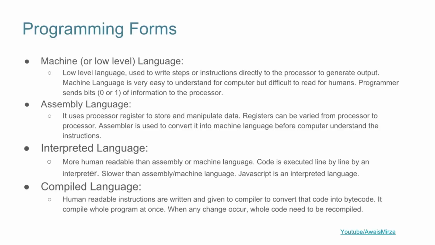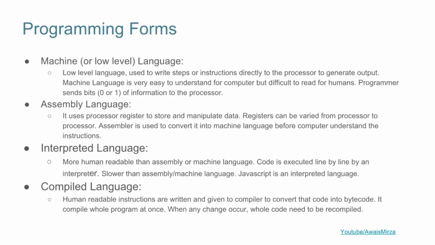It uses processor registers to store the information and then manipulate the data. Registers can vary from processor to processor. An assembler is used to convert it into machine language because a computer only understands machine language. So there has to be a way, a middleware, with which we convert the assembly language into machine language.